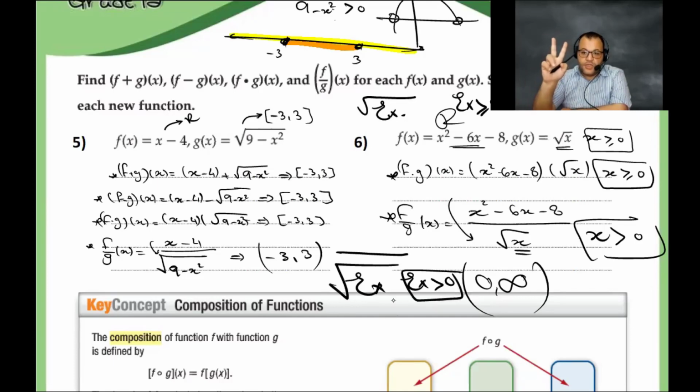Because you have two conditions: first, any number under the square root must be non-negative, so you ignore the negative numbers. And because the expression is at the denominator, you also ignore the values that make the expression equal to 0.